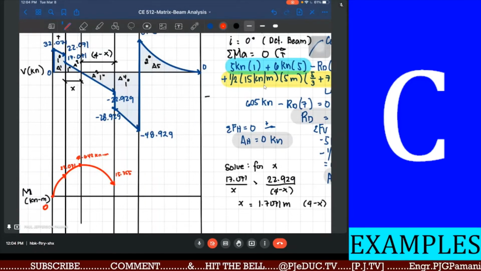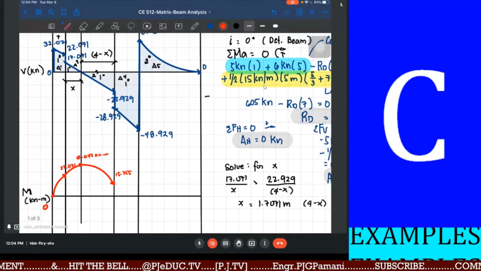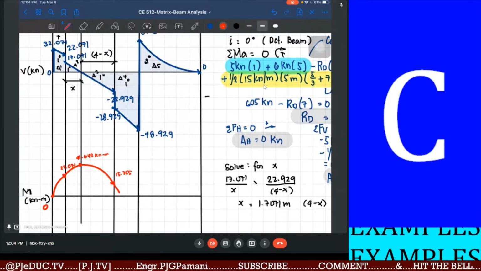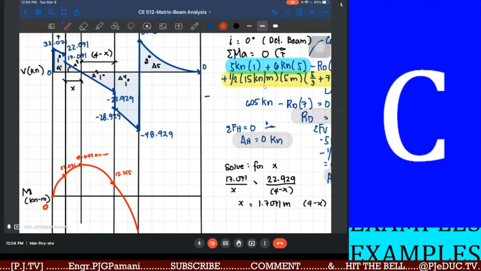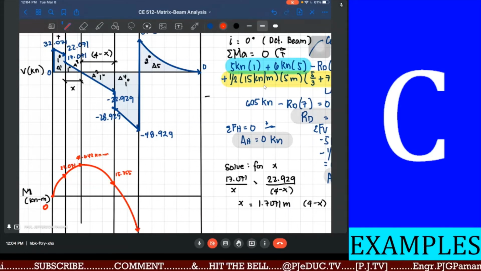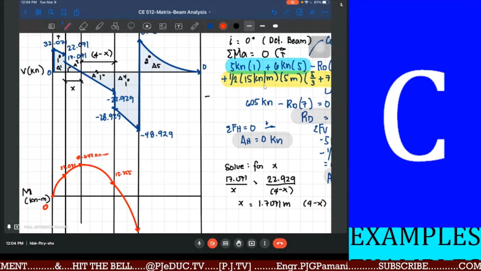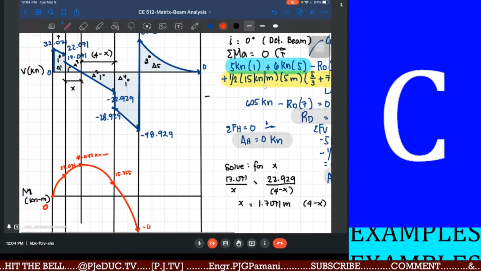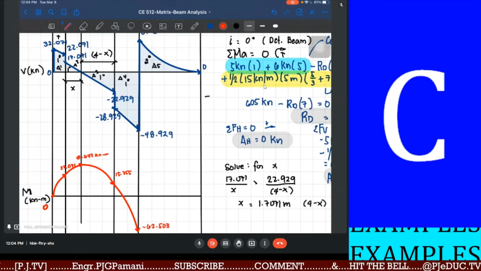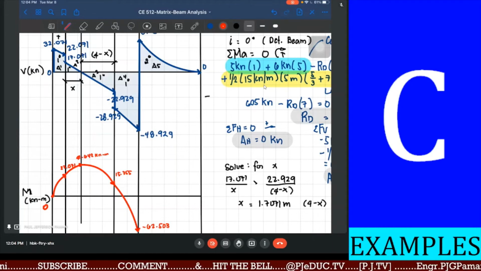That is negative 62.503. Okay? Exaggerated lang. That is now negative 62.503 kilonewton meter. Now, the tricky part is for us to compute the area of a spandrel.